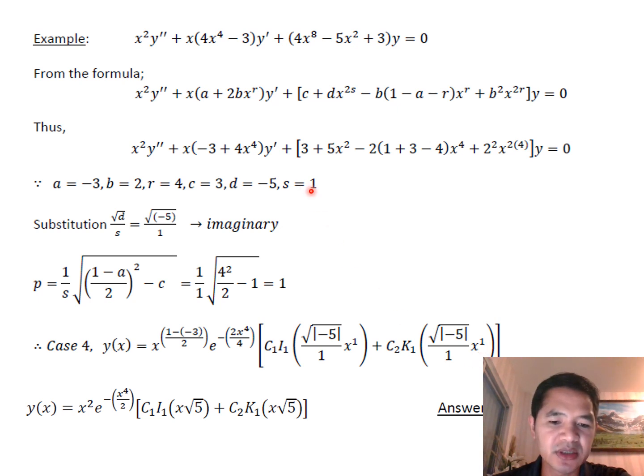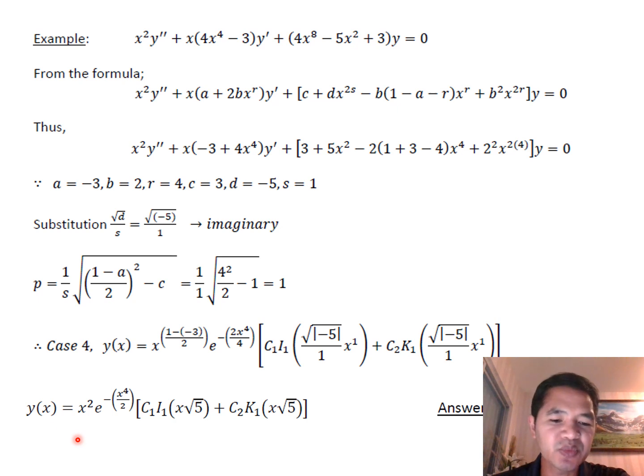Then you can simplify case 4 to here, which is x squared times e to the minus x to the 4 over 2, times, in this parenthesis, c1 I1 of x times square root of 5, plus c2 K1 of x times square root of 5.